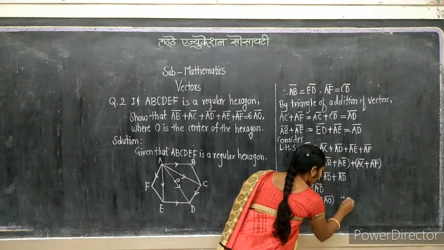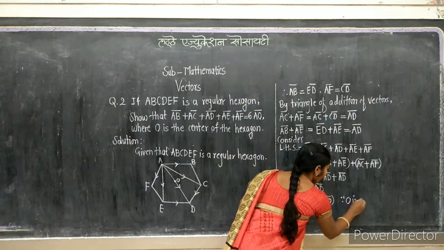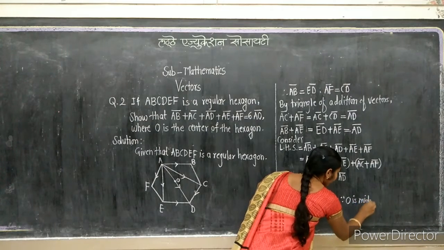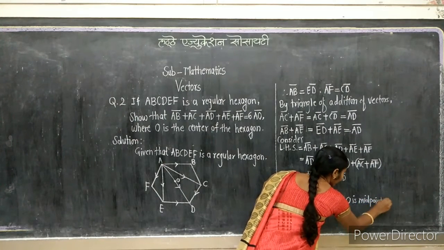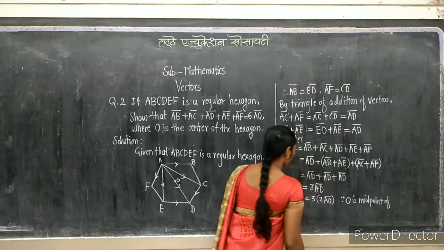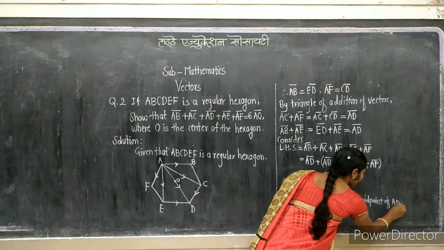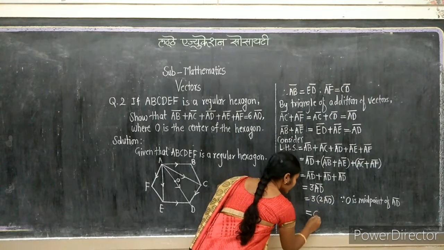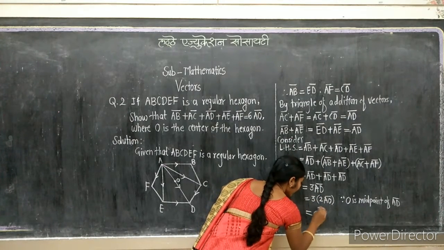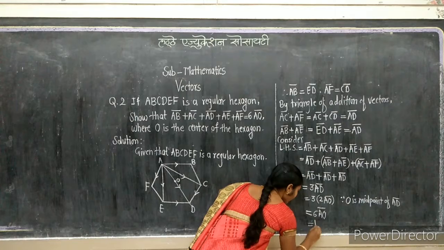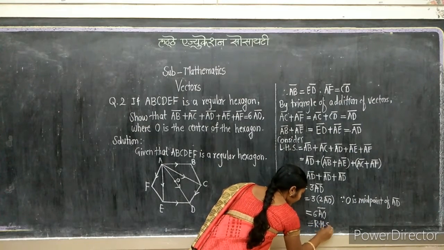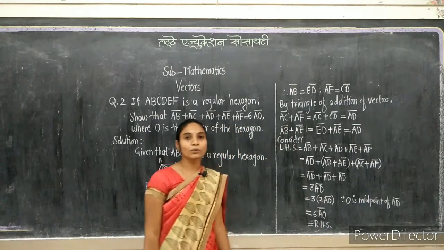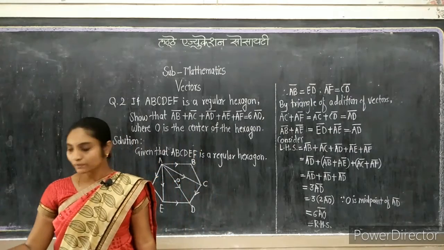Therefore, 3 into 2, 6 AO bar, which is equal to RHS. Therefore, LHS equals RHS. The example is proved.